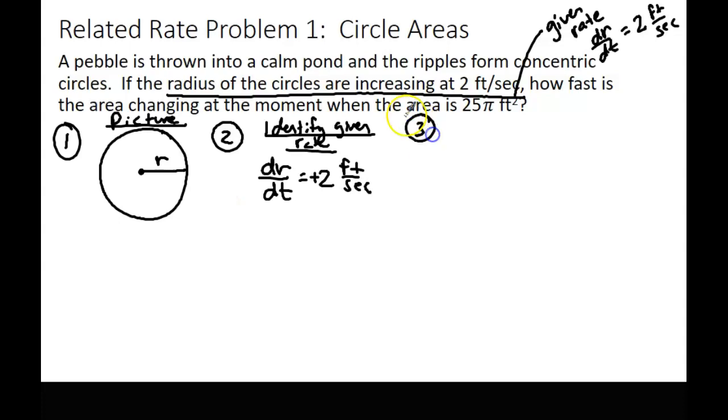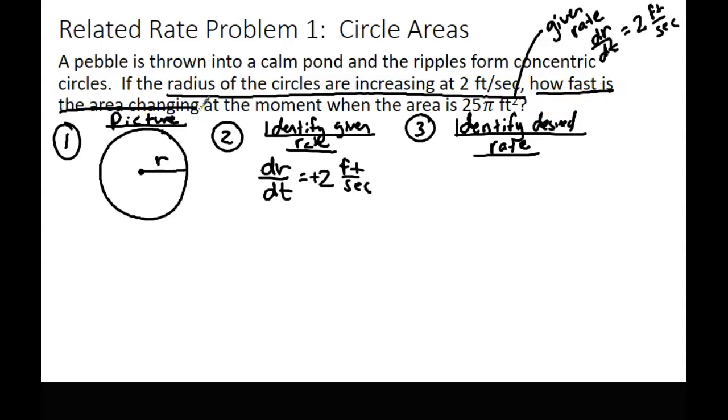Number 3. Identify the rate we want to find. I'll call it the desired rate. Identify the desired rate. What rate are they asking me to find? The area. See right here it says, how fast is the area changing?